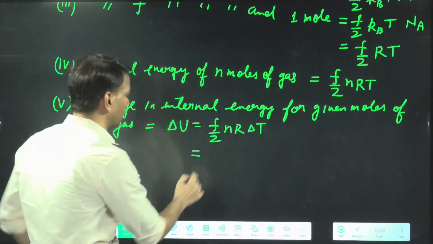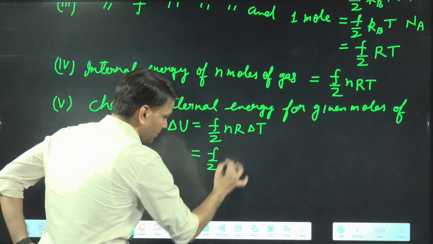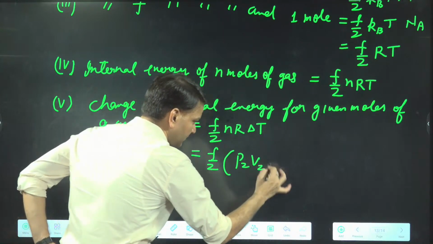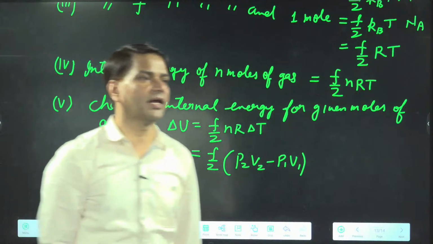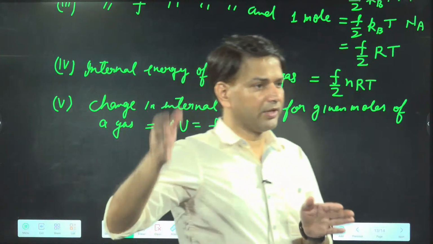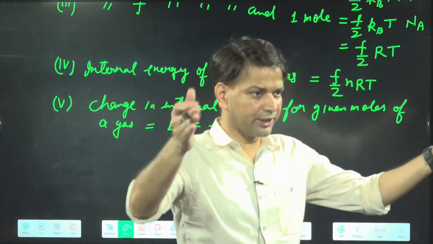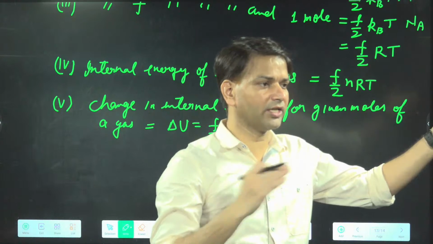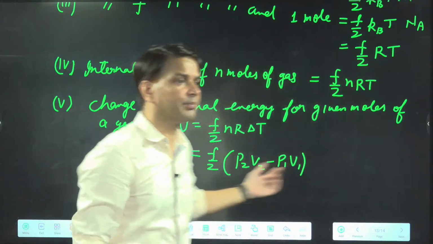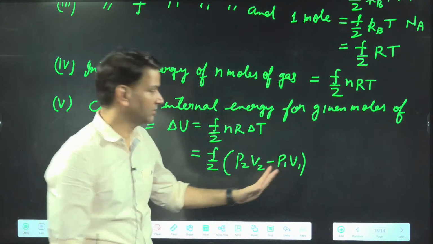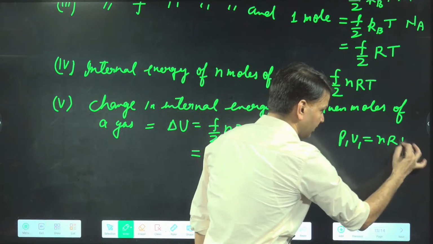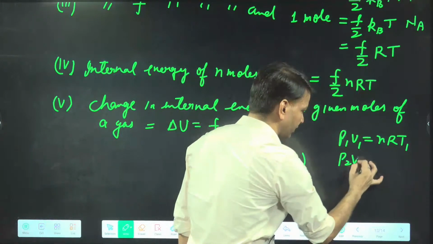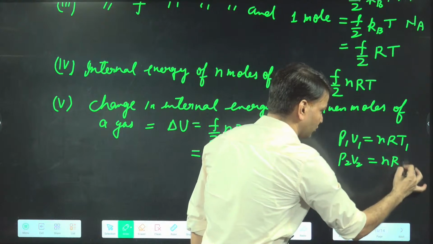Then you will get f by 2 into P2 V2 minus P1 V1. That is nR delta T. Why? P1 V1 is nR T1, and P2 V2 is nR T2.